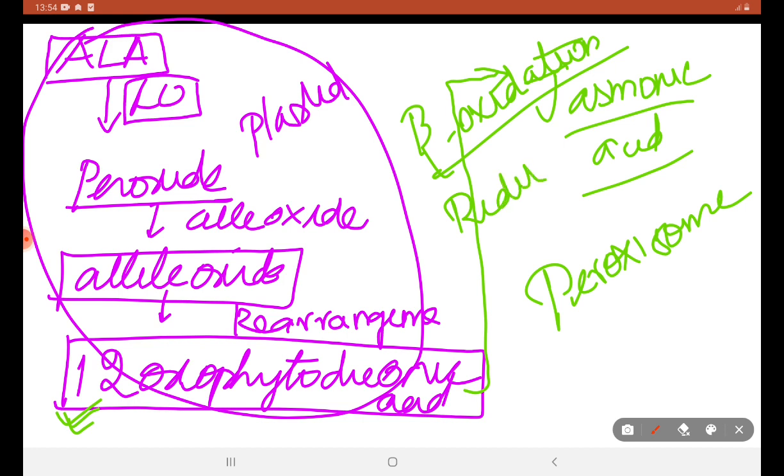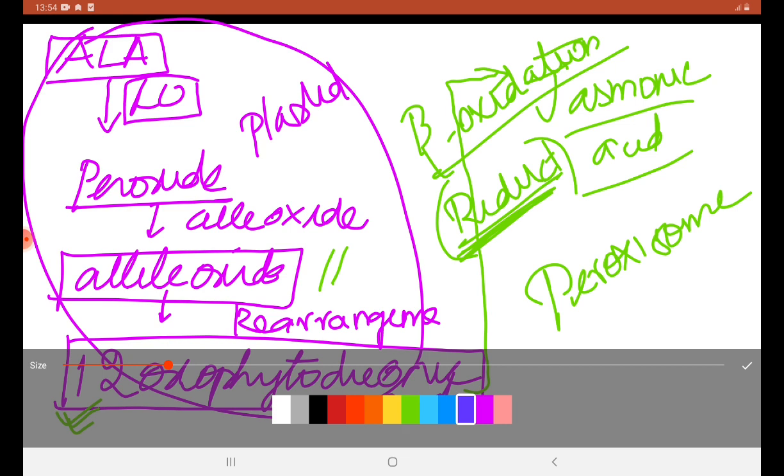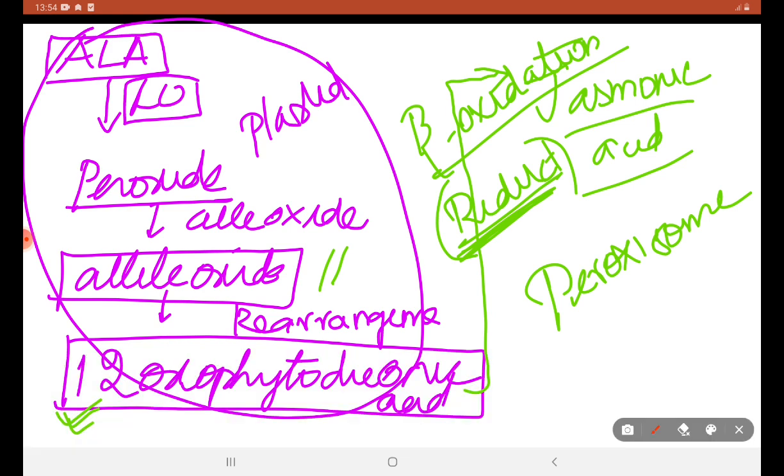Reductases are involved. So, this is a previous year question. Beta oxidation is a previous year question.